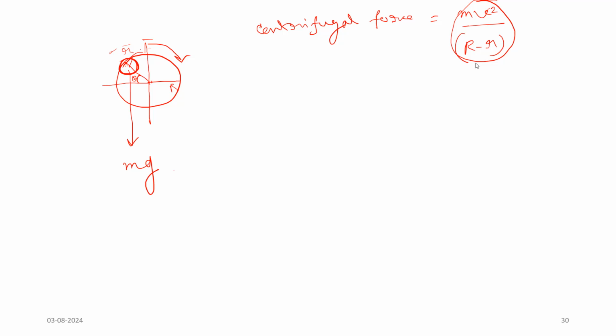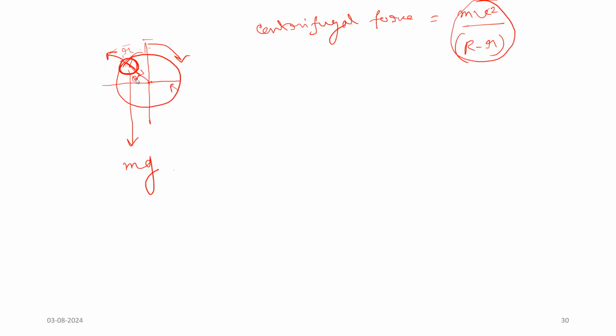And next, another force, what will happen? This centrifugal force is applied in this direction, and the gravitational force is working in the opposite direction.